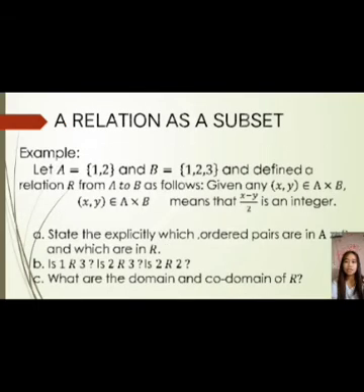A relation as a subset. More formally, a relation is defined as a subset of A cross B. The domain of a relation is the set of elements in A that appear in the first coordinate of some ordered pairs, and the image or range is the set of elements in B that appear in the second coordinate of some ordered pairs.